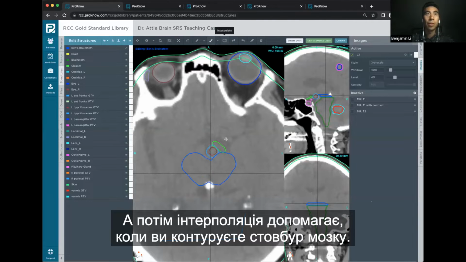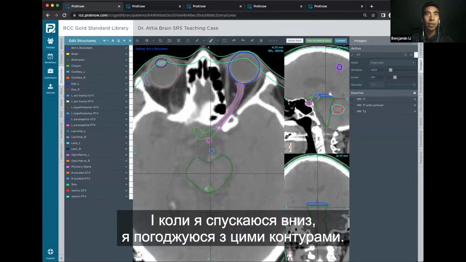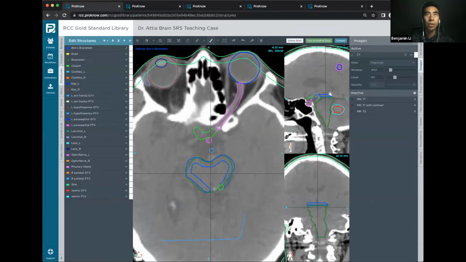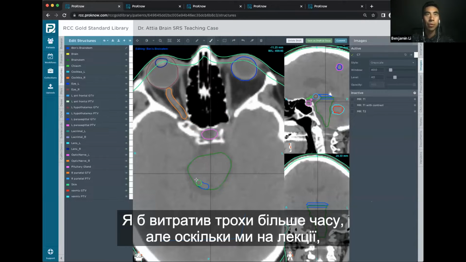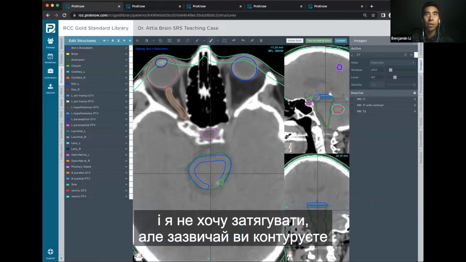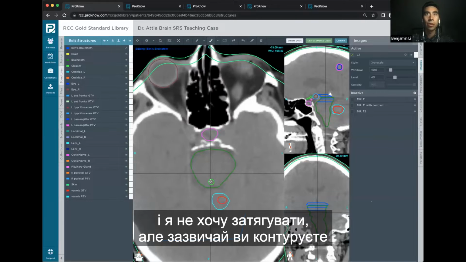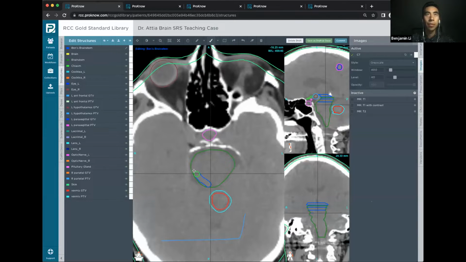And then interpolating is helpful when you're contouring the brainstem. And then going the rest of the way down, I agree with these contours. I would spend a little bit more time, but just since we're in the lecture and I don't want to delay too much, but typically you contour every couple of slices.